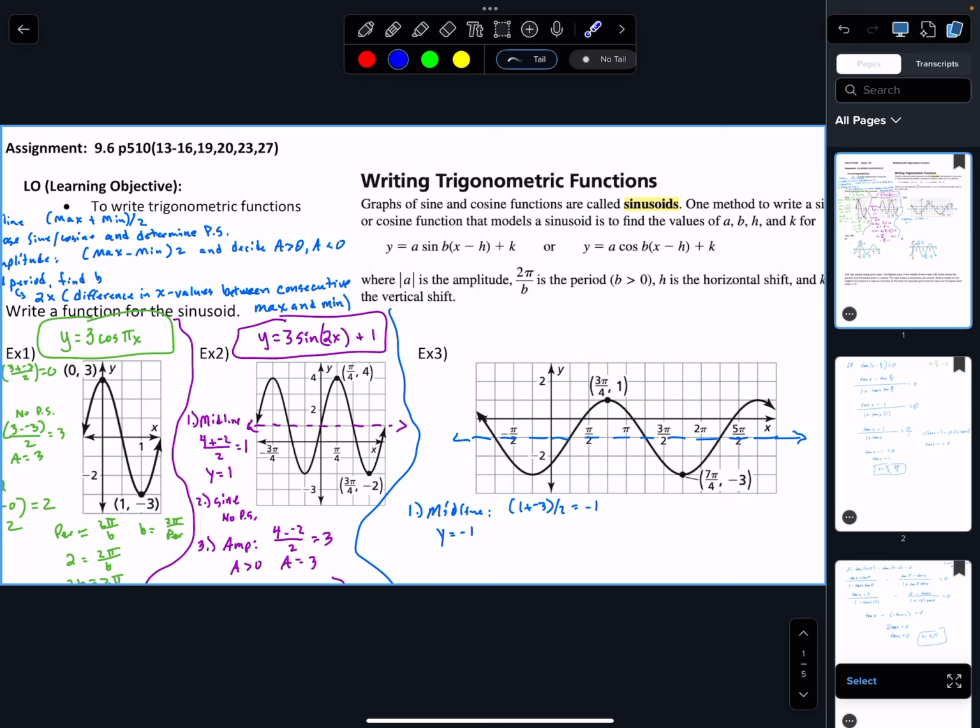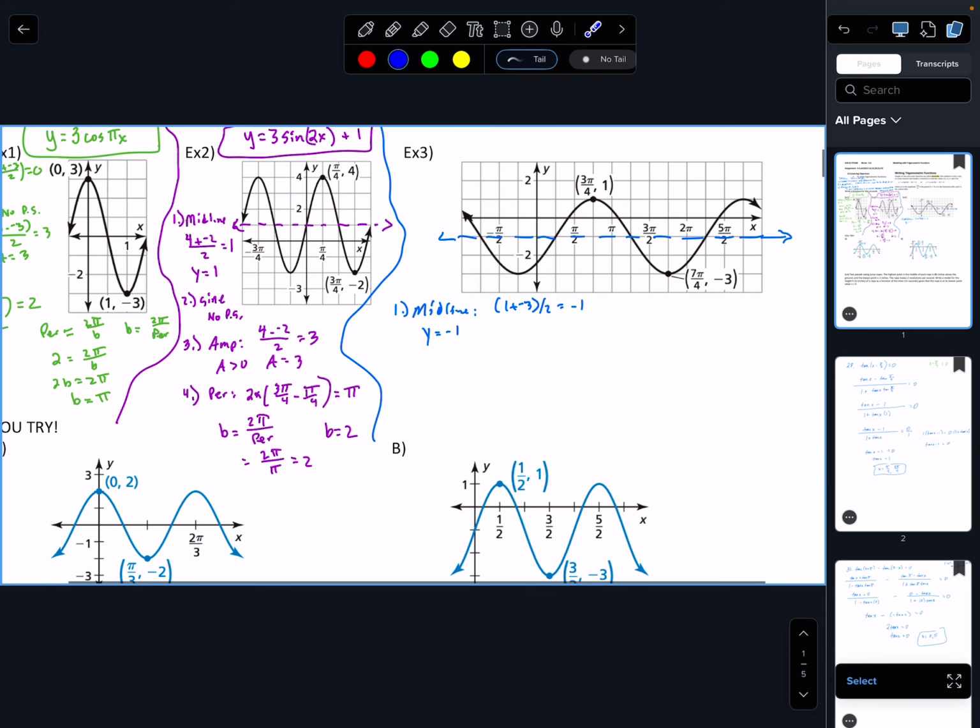But that's further to shift it, so I prefer to go with the ones that are the closest to the y-axis. I'm going to treat this as sine. And you are going right pi fourths. And that also creates a to be positive, which means, hopefully, one less chance to make an error when I go to write it.